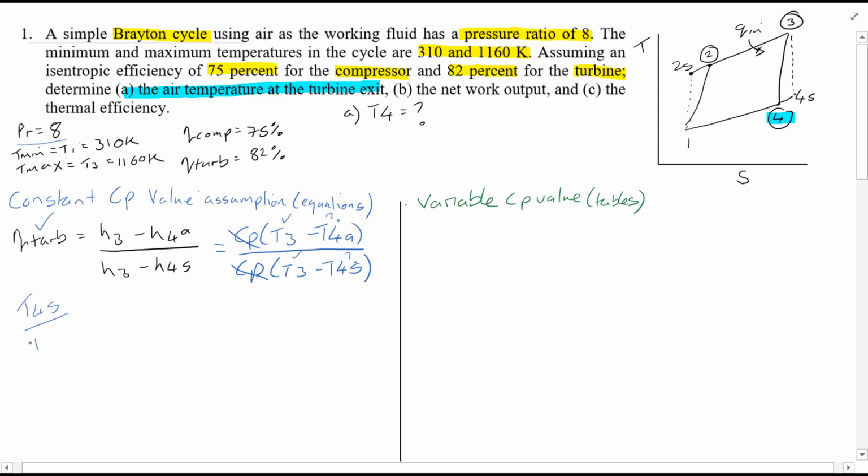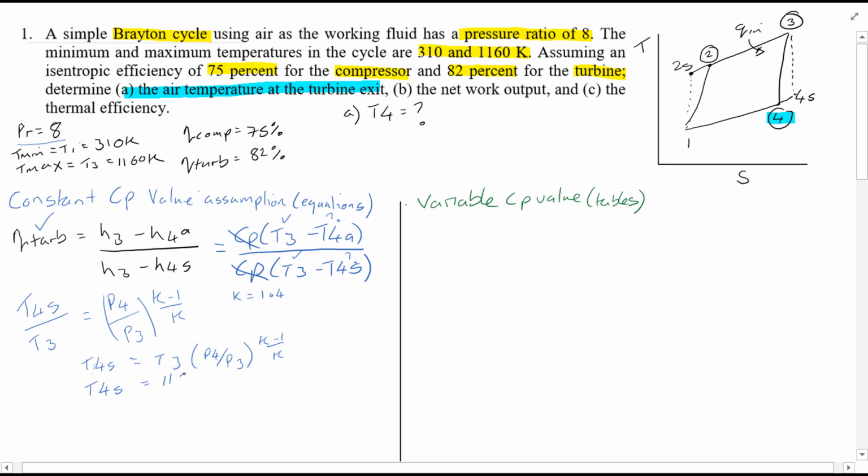It's T4S divided by T3 is equal to P4 over P3 to the power of (K minus 1) over K. And of course, K is given on the data sheet as equal to 1.4 when using the standard CP assumptions.